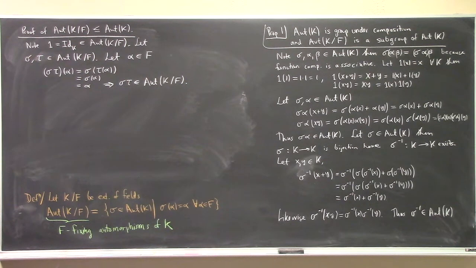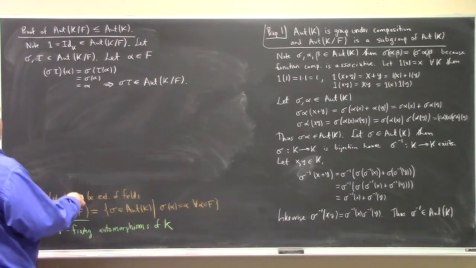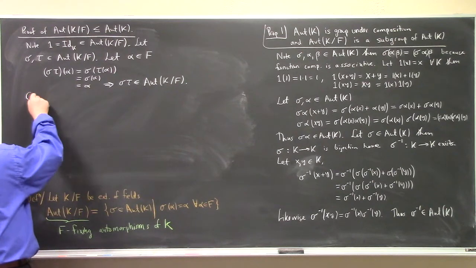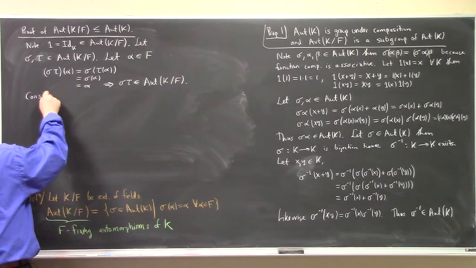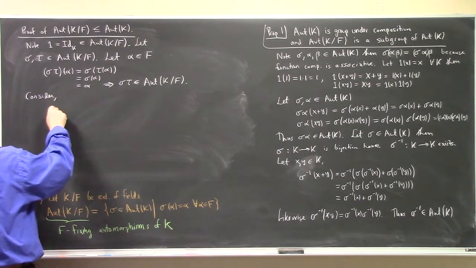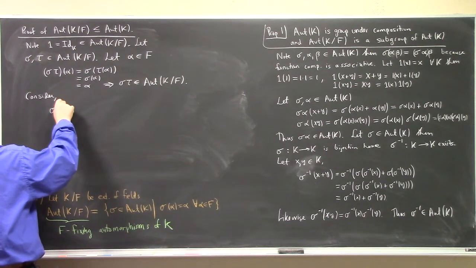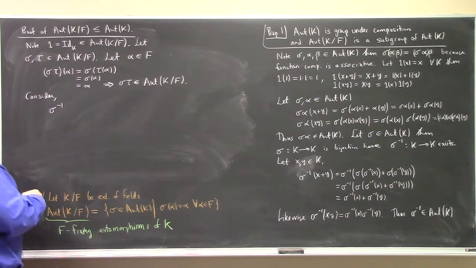Now what else do we need to check? I'm going to do the two-step: basically non-empty, then closed under composition, closed under inversion, right? So I'd like to also show that sigma inverse fixes F. Now at least one time I was teaching this course, I got terribly hung up on this. I don't even know how I got so hung up on this, but I did.